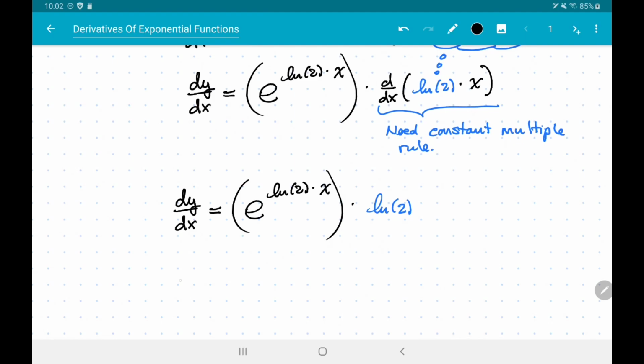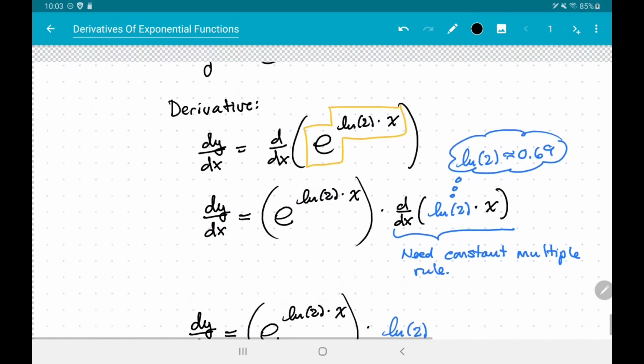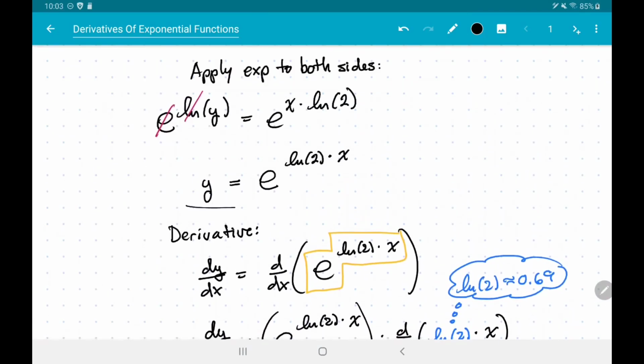Now, there's one last thing we can do to clean this up spectacularly, and that is to recognize that this e to the ln of 2 times x is familiar. It's actually y. This happens all the time when you're doing exponential functions and derivatives, because the derivative of e to stuff is e to stuff. So the derivative of a function that has an e to stuff component is going to have copies of that e to stuff.